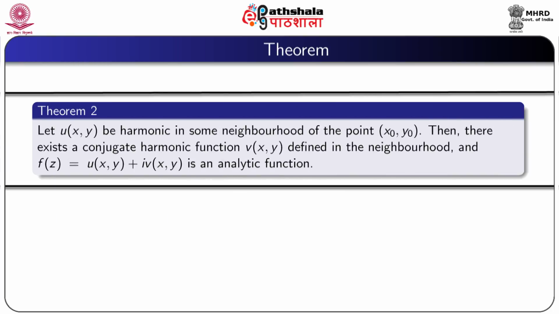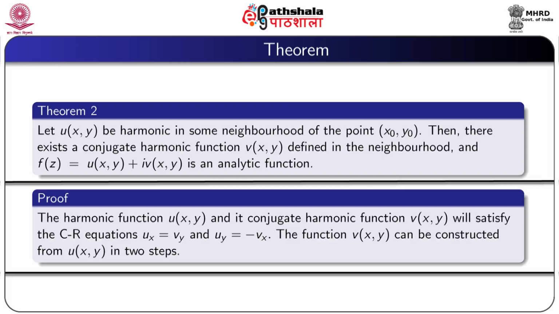Now, we prove another result. Let u(x,y) be harmonic in some neighborhood of the point (x0, y0). Then there exists a conjugate harmonic function v(x,y) defined in the neighborhood, and also f(z) = u(x,y) + i v(x,y) is an analytic function.